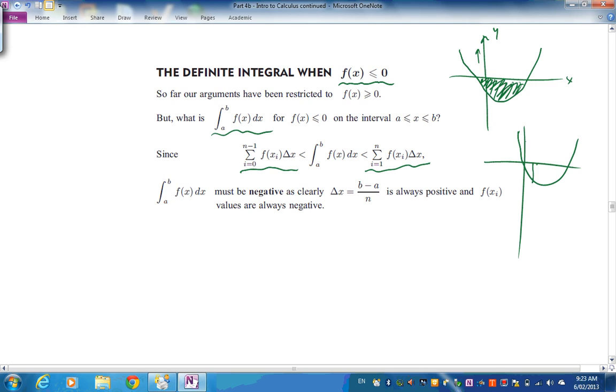Our rectangles would be upside down, both sets, upper and lower. So when we do f(x), the f(x) will be negative, equals a negative value. Therefore, the area will be negative.